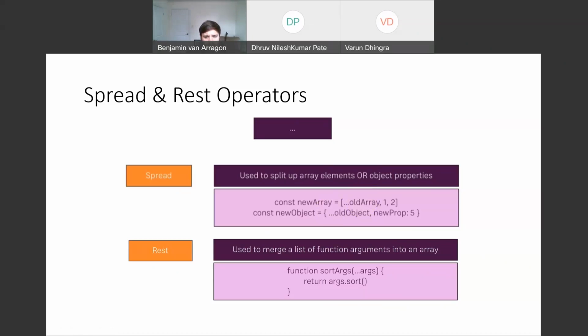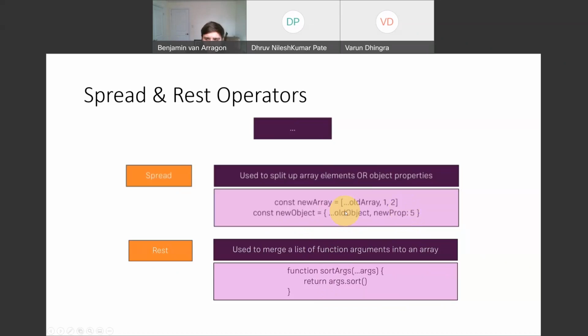Before I get to the rest operator, the spread operator can also be used on objects. If an object had many properties, we could simply pull out our old object's properties and then add a new property with a value of 5 on top of those old properties instead of overwriting them.